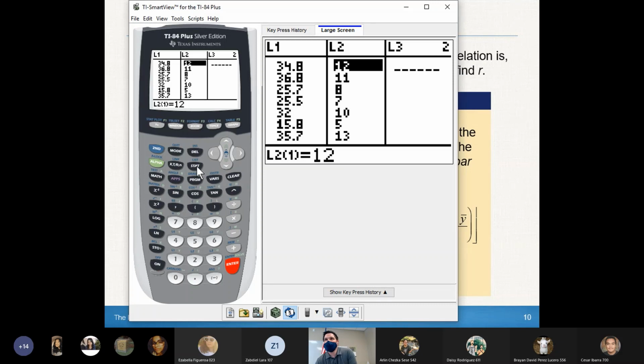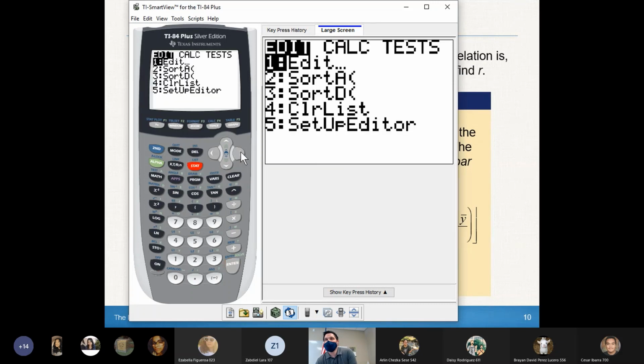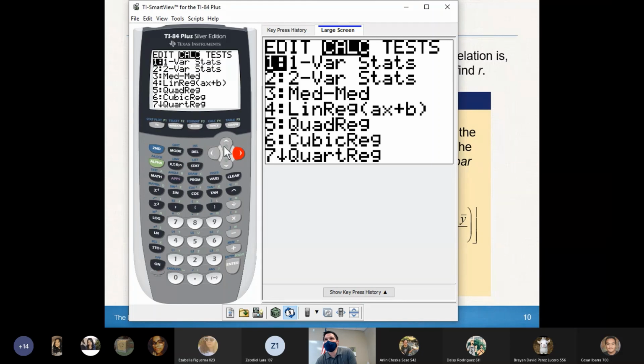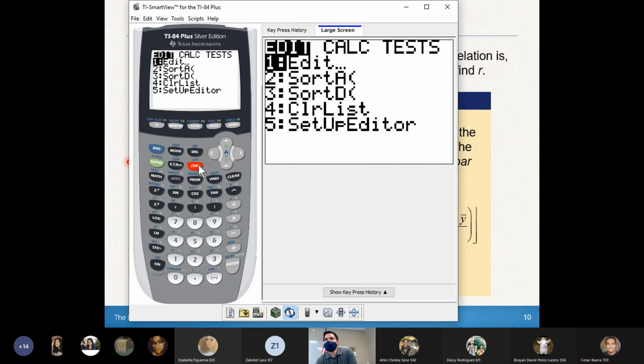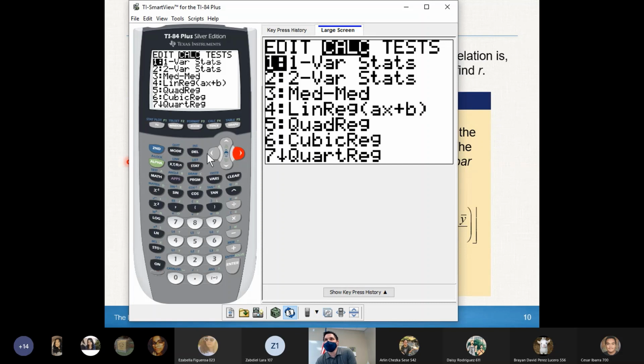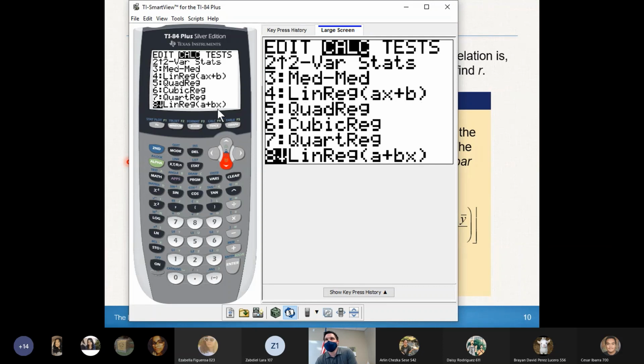Then we can calculate what's called the linear regression, which we'll see in a minute. There are 3 different linear regression calculations in your calculator. We want the one that says a plus bx.